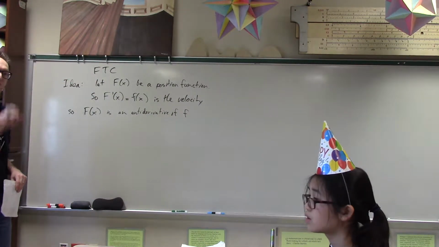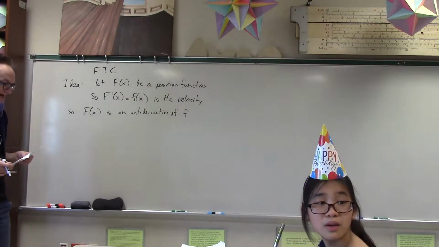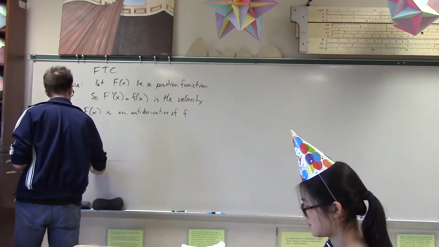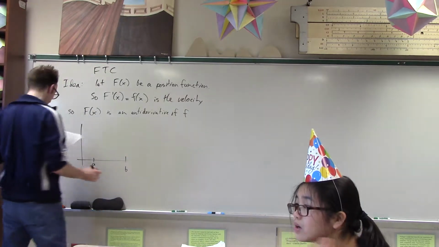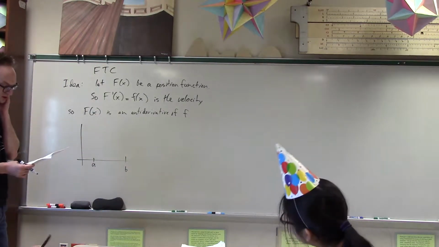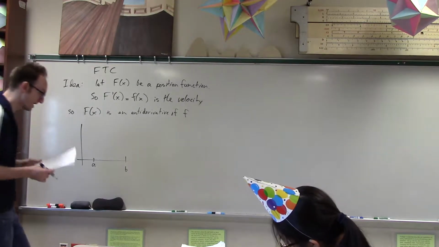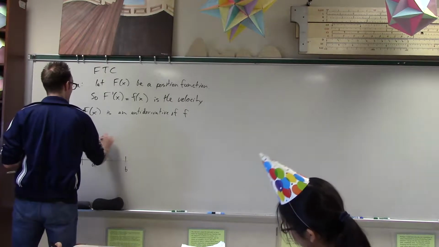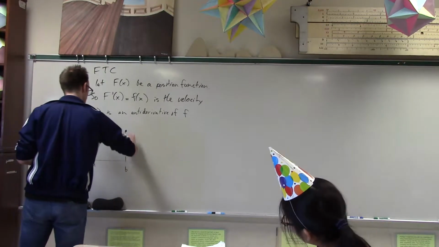Agreed? Sam? Okay. Well, imagine you go to make a picture of this, a picture of little f. And so what we have is some kind of thing that looks like this.